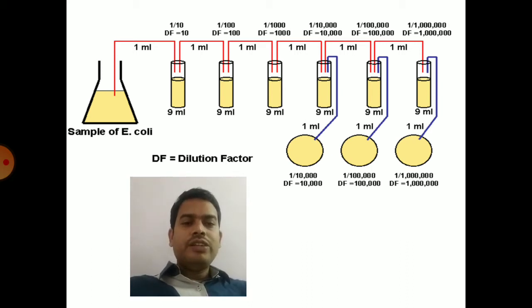All the test tubes you can use for incubation. That means you can collect a drop of sample from these test tubes and incubate it in nutrient agar medium where you get colonies of the bacteria. You can clearly see in which dilution you get the isolated bacterial colonies. So you select that for further isolation of your bacterial species.